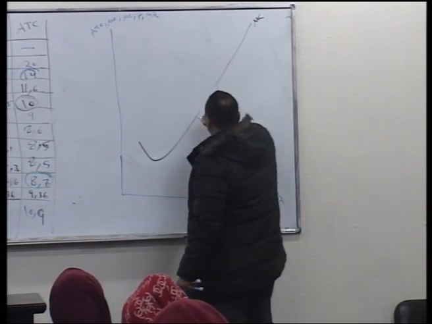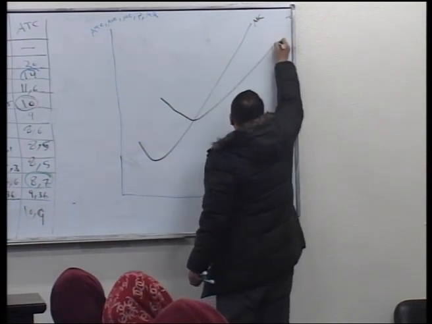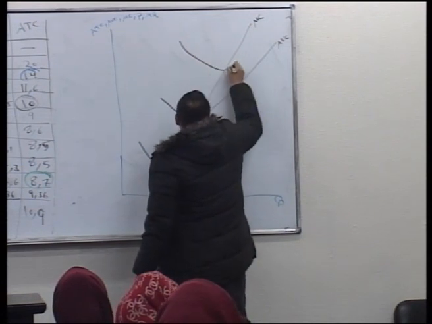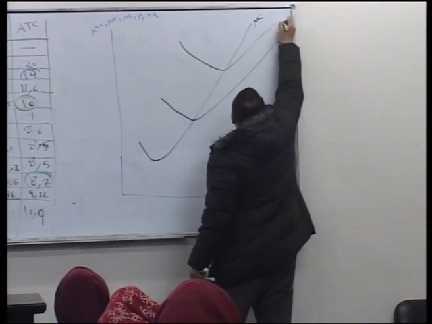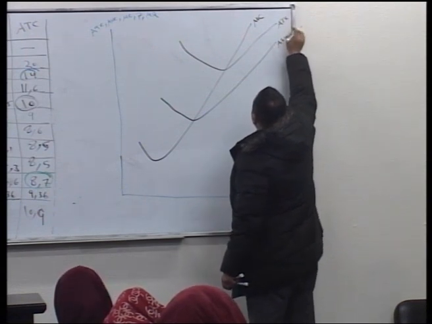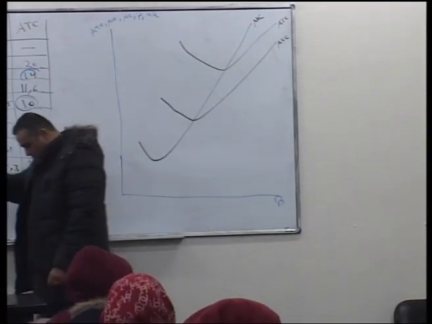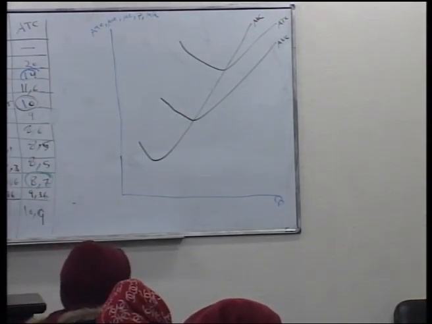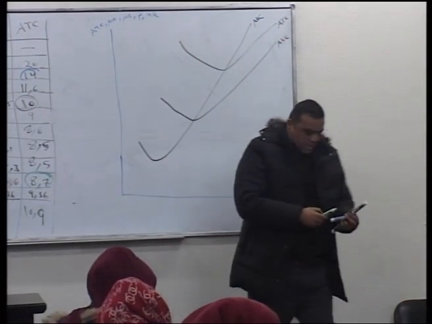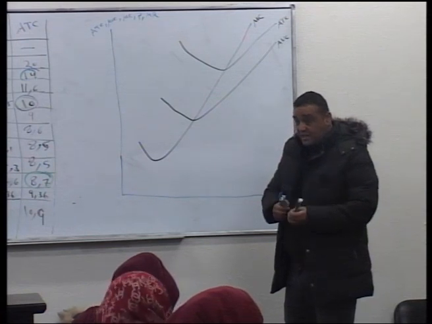MC, AVC, ATC. Here we will assume that the price is tangent to the minimum AVC.